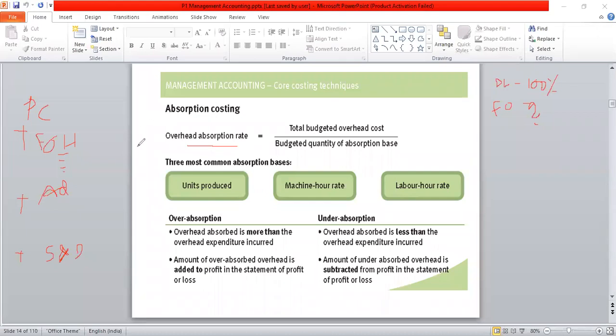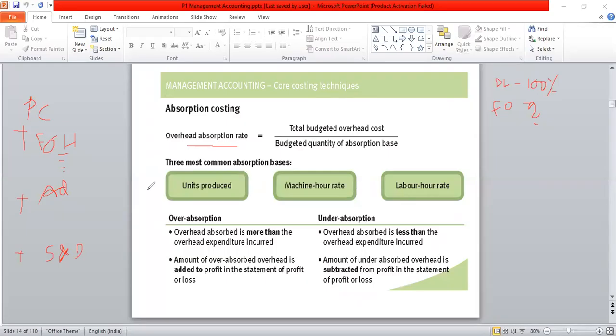Every time the same rate is applied whenever a budgeted cost sheet is prepared. The three most common absorption bases are units produced, machine hour rate, and labor hour rate.